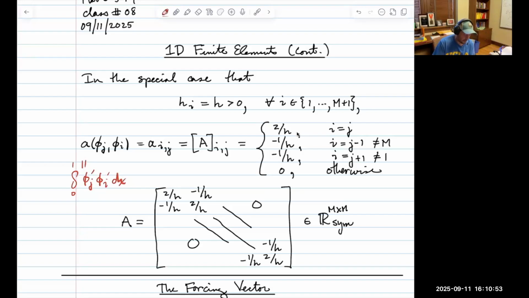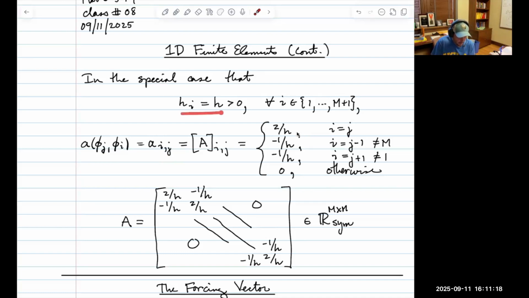And so if I put those two things in there, I can calculate the weak derivatives because these hat functions have well-defined weak derivatives. So this is how I define the ij entry of my so-called stiffness matrix, a_ij.